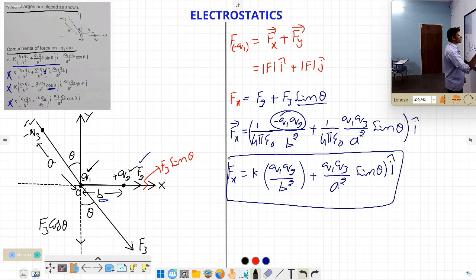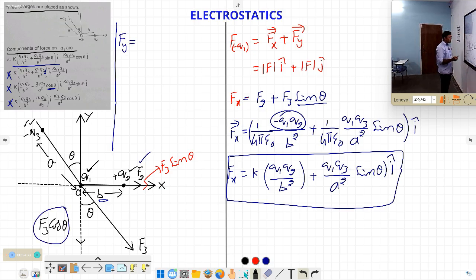Similarly, what is the y component of this force? We can also find the y component. We have only one y component, that is F3 cos theta. What direction is it? That is negative y-axis, so we write negative. So it equals minus k, where k is 1 by 4 pi epsilon naught, two charges q1, q3 by a square into cos theta.